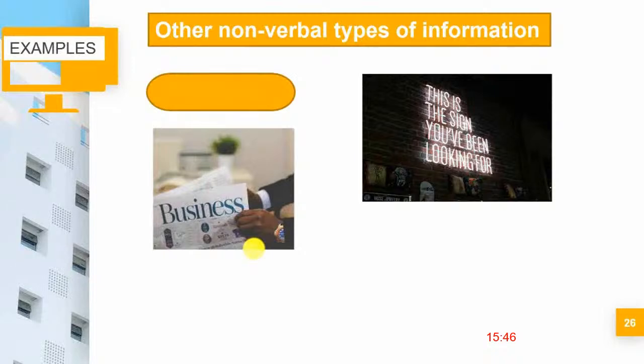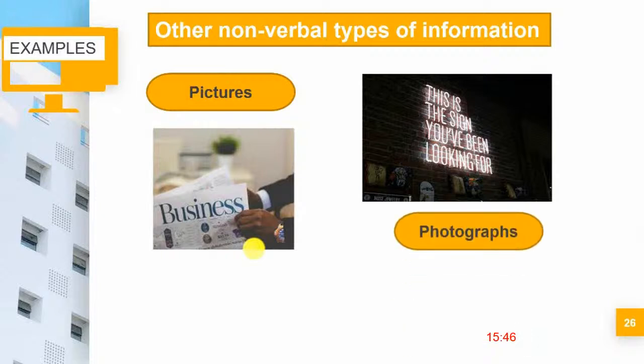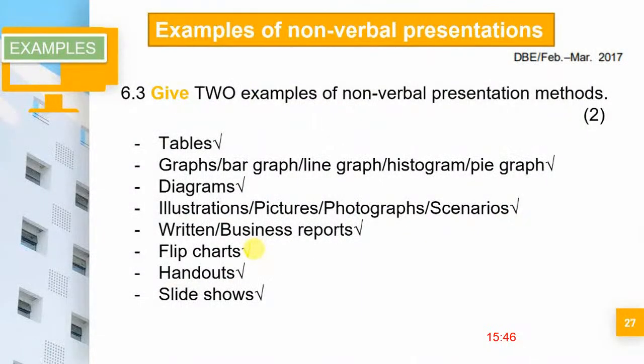Look at this one. And then we get other non-verbal types of information. The cellular respiration. Like a picture tells 1,000 words. Main function is cellular respiration. So it is no coincidence that you get photographs. Many mitochondria. And in the era of social media, we know how effective a picture can be. Give 2 examples of non-verbal presentation.